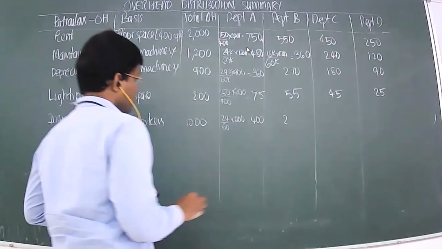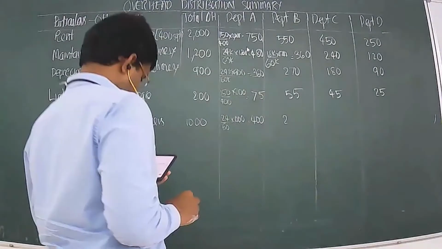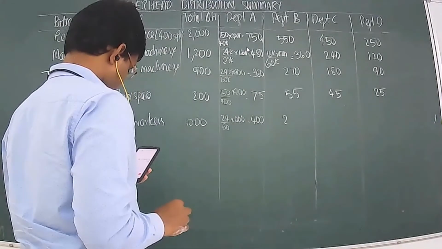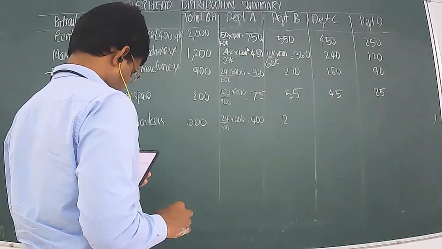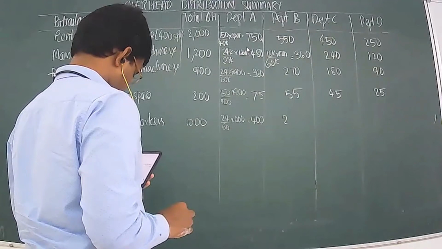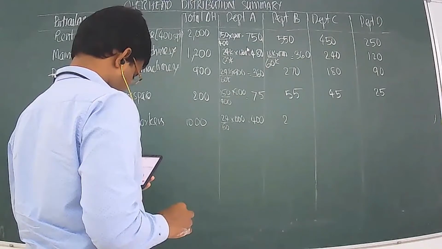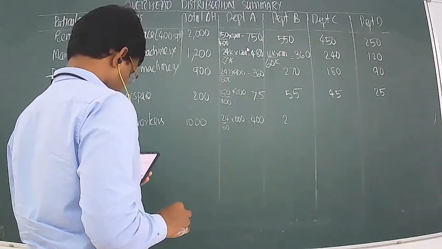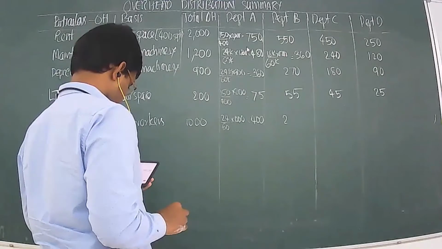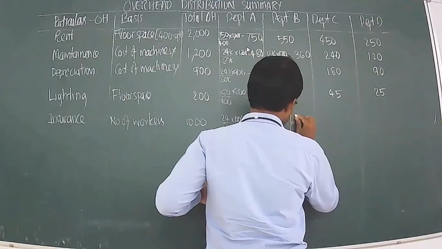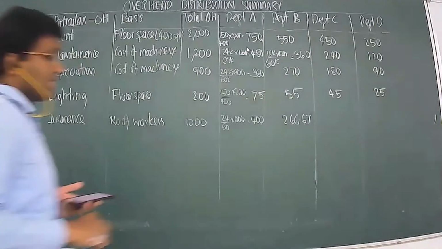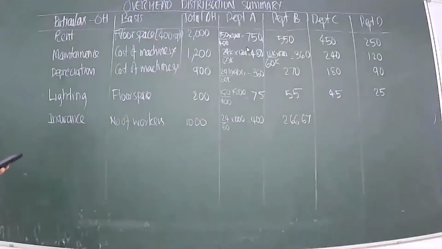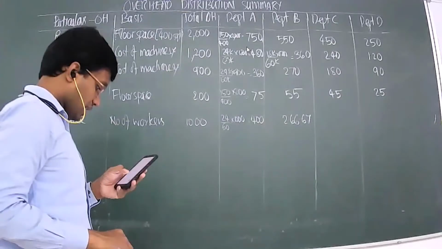Okay, so this will be 266.67. We were getting a decimal point. Let's try the next one.